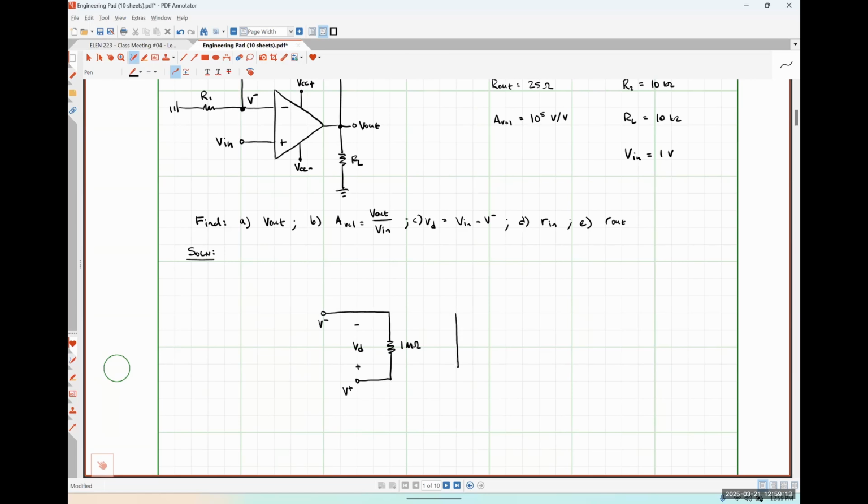I'm going to work on the output side of things over here. So here's my dependent source with a value of my open loop voltage gain times VD. Here's my output resistance of 25 ohms.